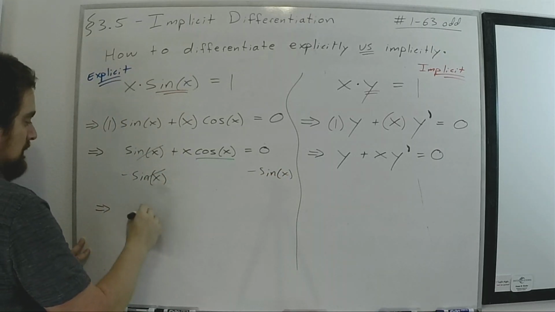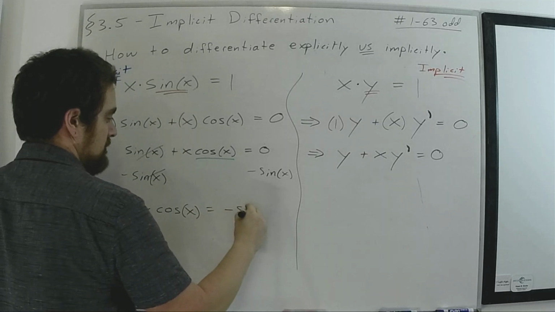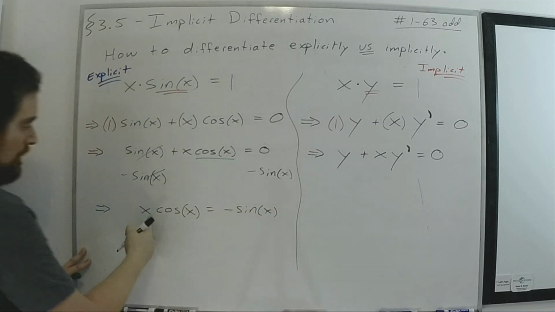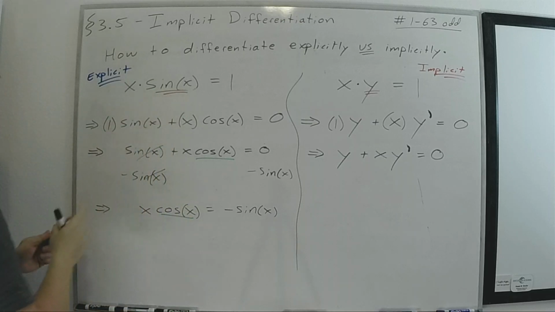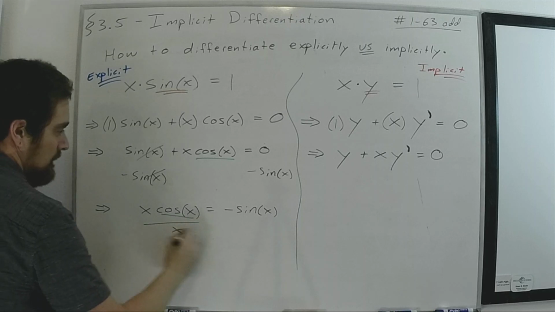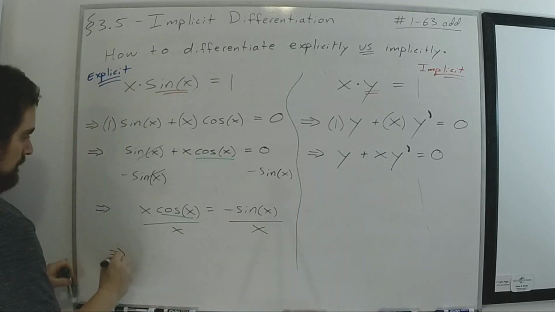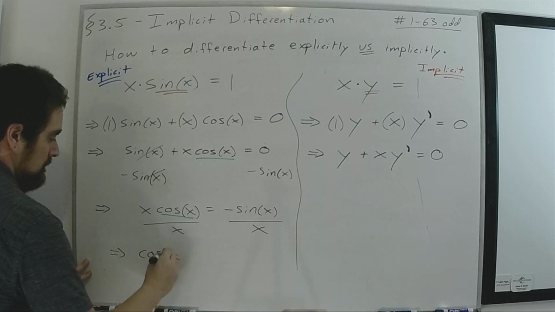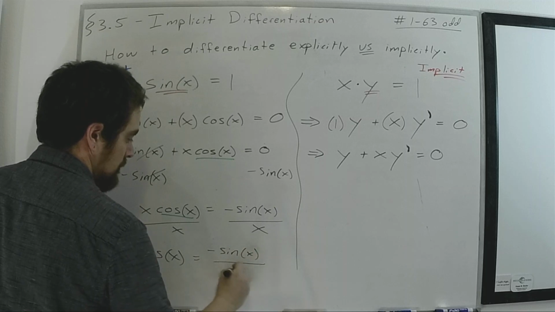Which means I would get x times cosine of x is equal to negative sine of x. But I want to isolate the derivative of just the red sine of x, which means I'm going to have to divide by x on both sides. Which means I will get cosine of x is equal to negative sine x over x.